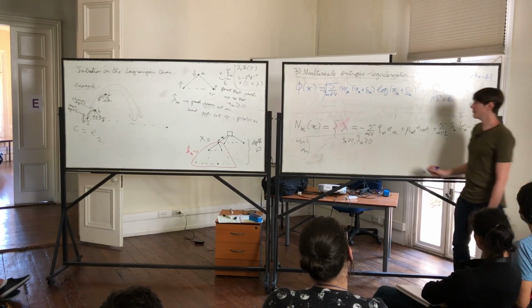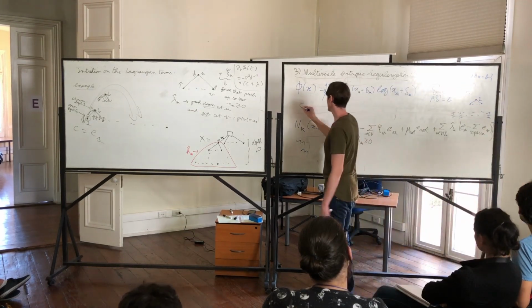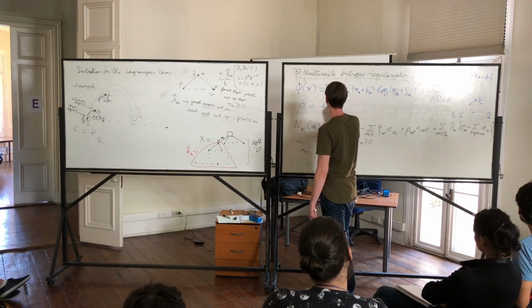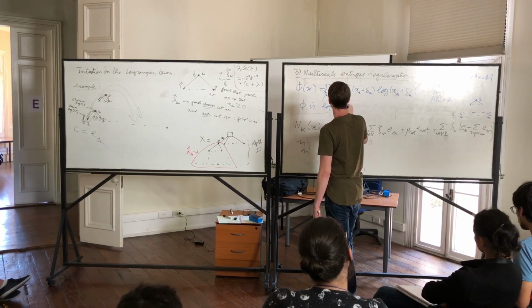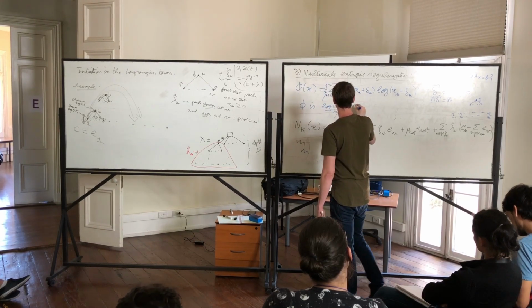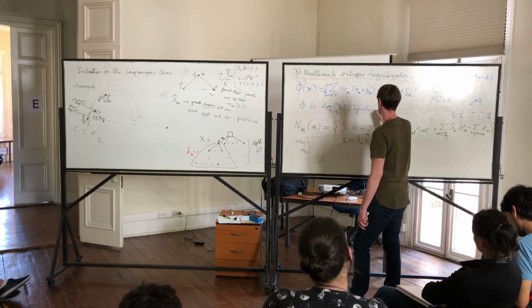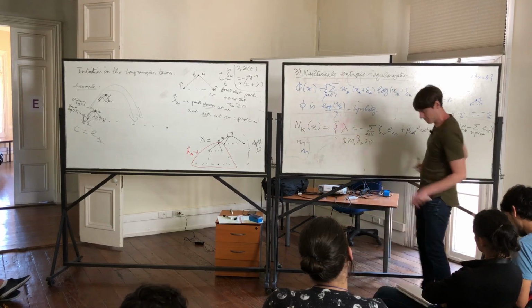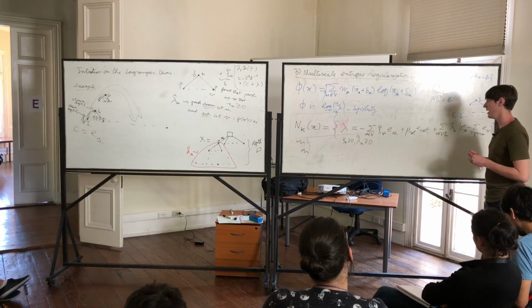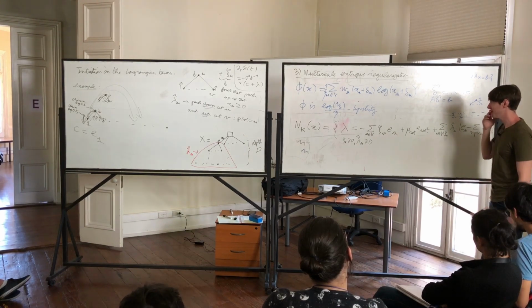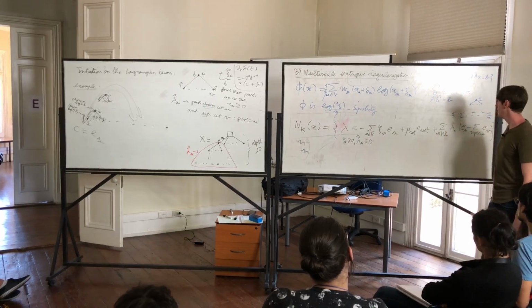Okay? So again, phi is log(1 over delta) over eta Lipschitz. This is the same calculation as before.